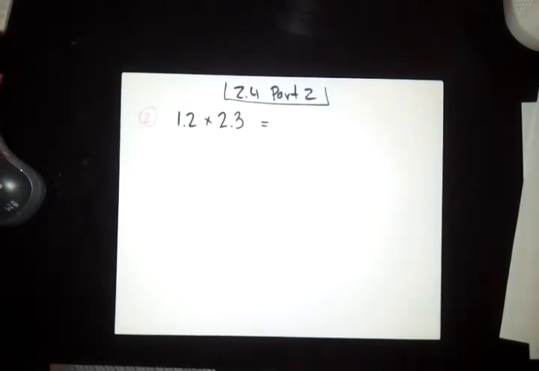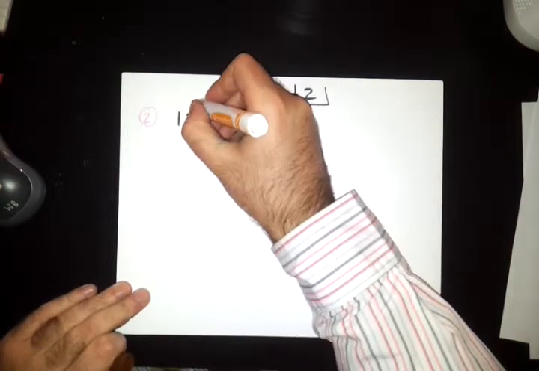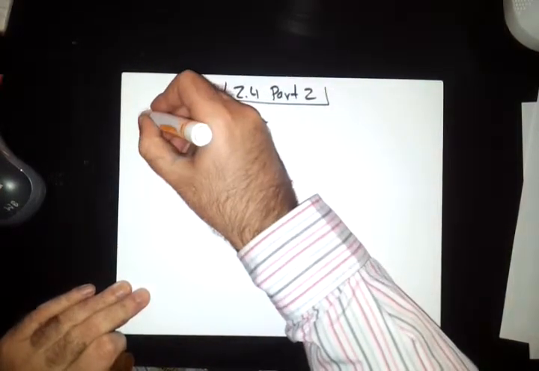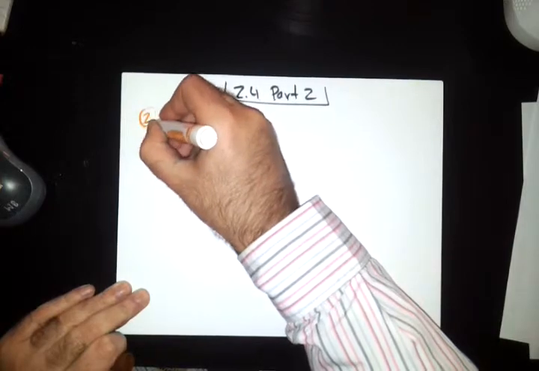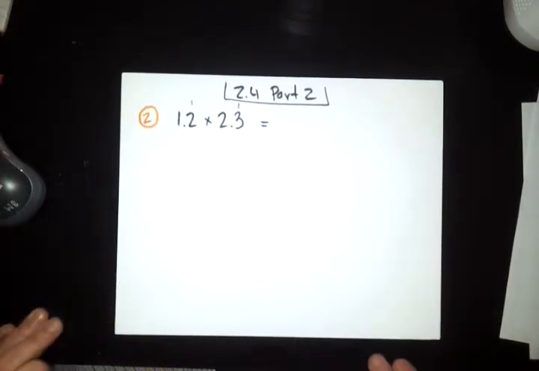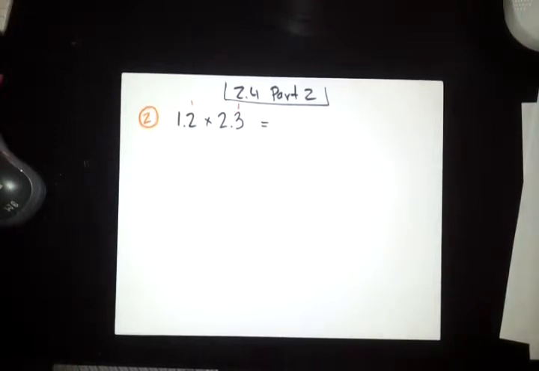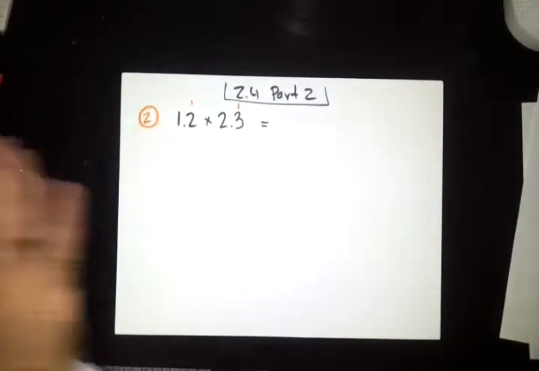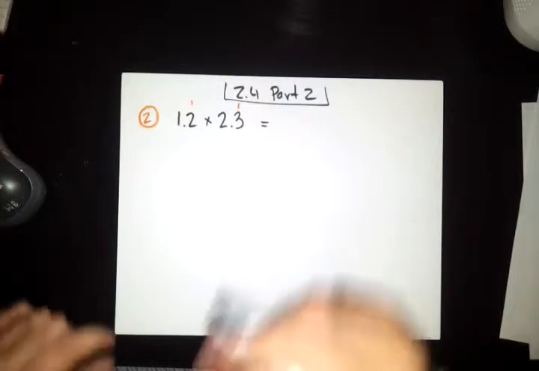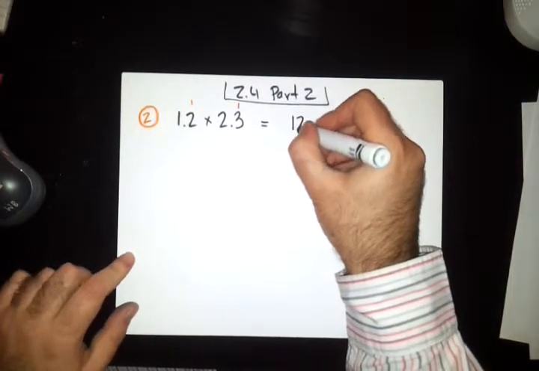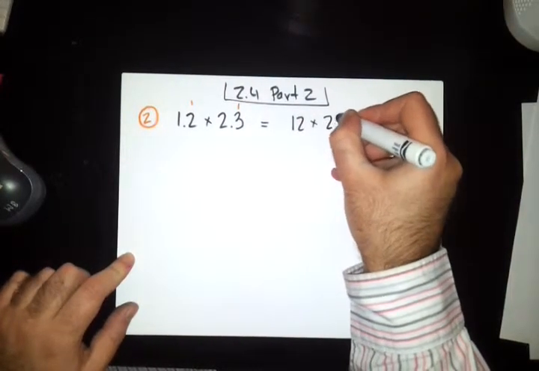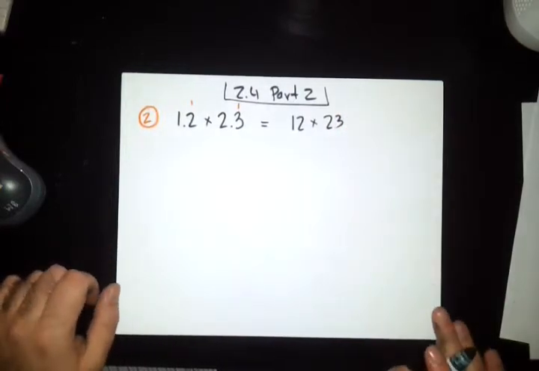Let me do it in a different color just in case the pink doesn't come out very well. There we go. So I have 2 numbers after the decimal. Once I do this, I remember that, and I pretend that I no longer have the decimals. The decimals are gone. And I do my multiplication just like I would with any other number.